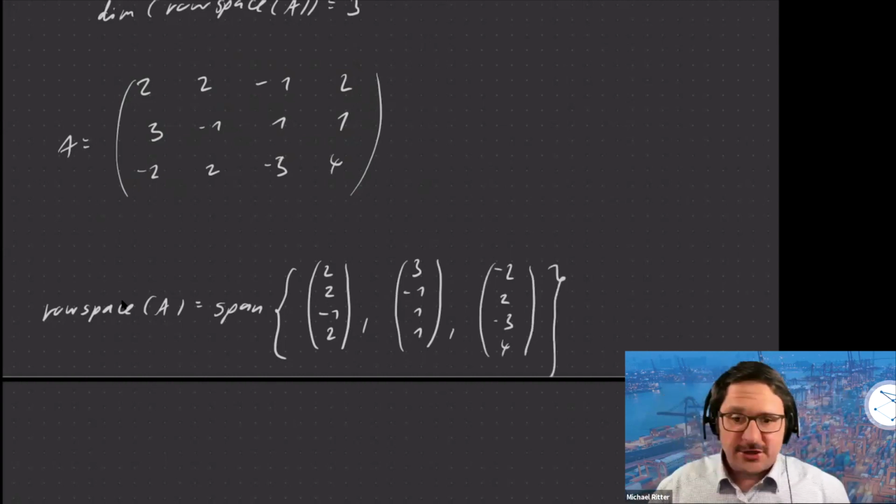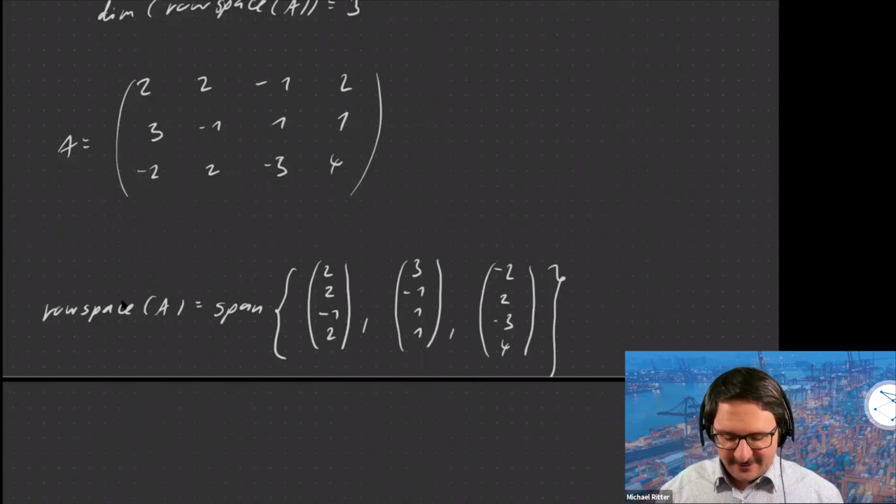So the row space is generated by these 3 vectors. We know that the dimension is 3, so any basis must have 3 vectors. And that means if that is a generator of the row space, then it also has to be a basis, because we could not delete any element without actually changing the span here.